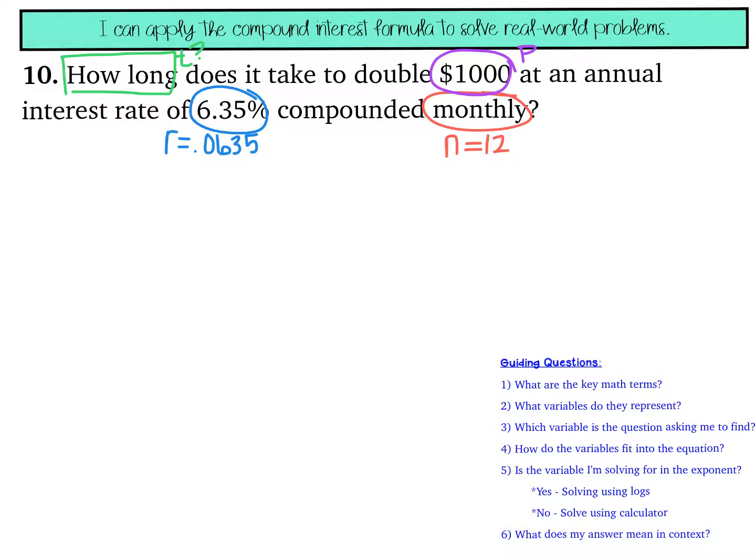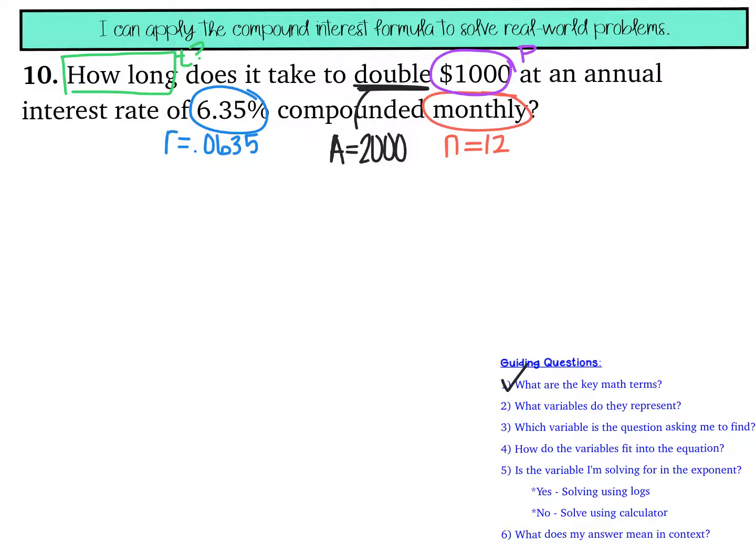So when I think about how long does it take to double, double means twice as much. So if I put 1,000 in, I'm looking for when A is double. So if I put in 1,000, double would be 2,000. So that's when the output, or the balance of my account, is double what I put in.